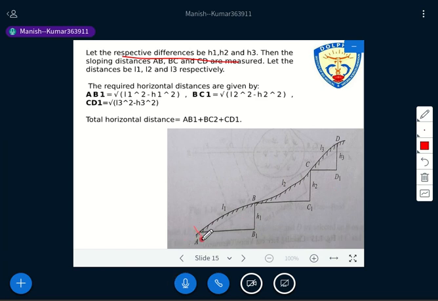So we have 2 points A and B on sloping ground. Through the leveling instrument we have to find the difference of level. How is the difference of level estimated? It is estimated from any fixed plane.